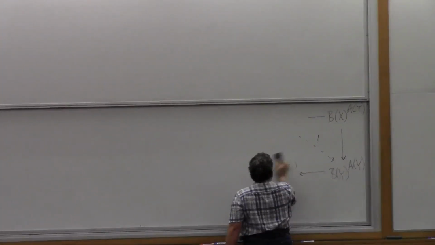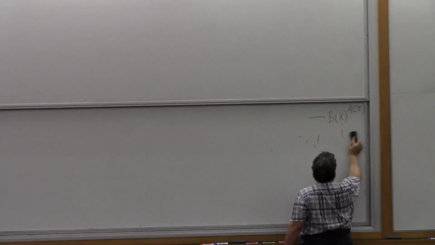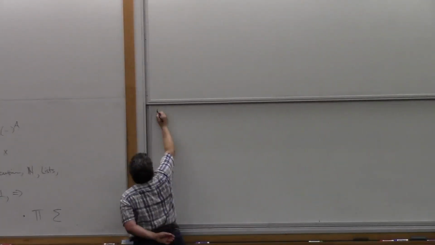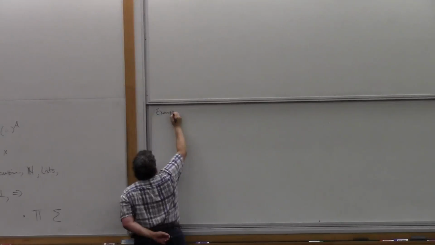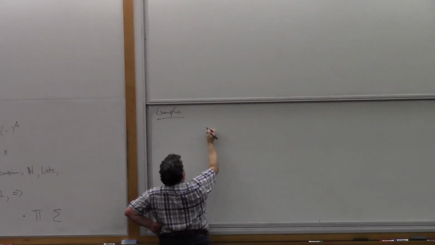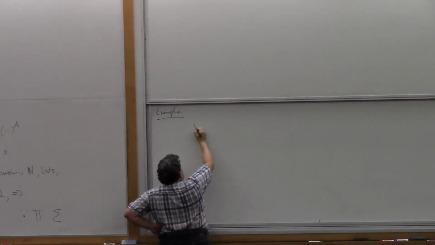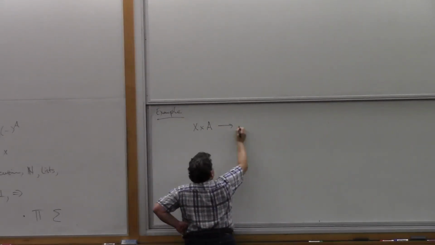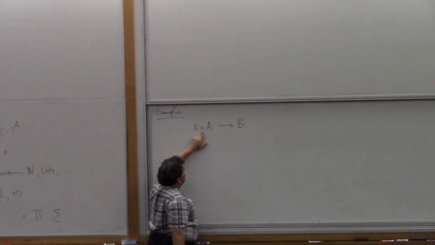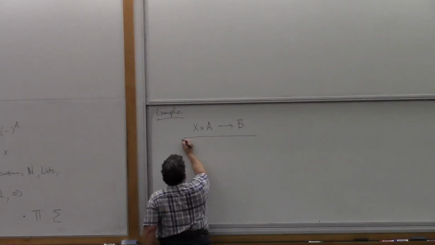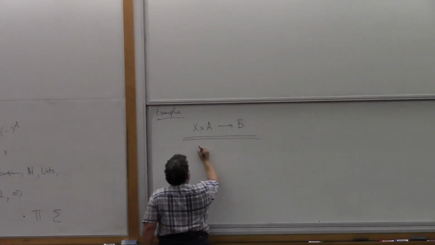So let's start with that first example of product and exponential in order to get the general notion of an adjunction. So here's our example. So we saw that when we have products and exponentials in a Cartesian closed category, there's a bijection between things of this kind, that is, arrows out of a product, and things of this kind.